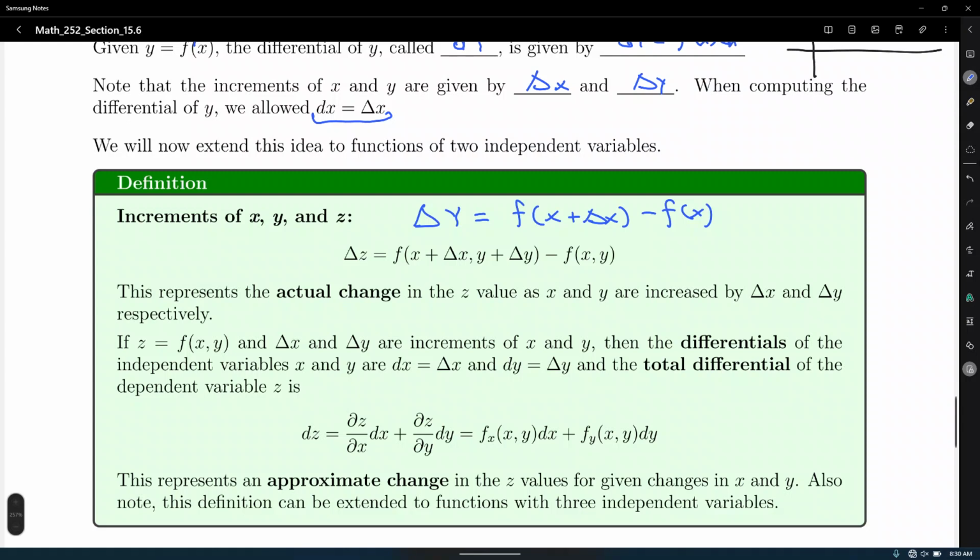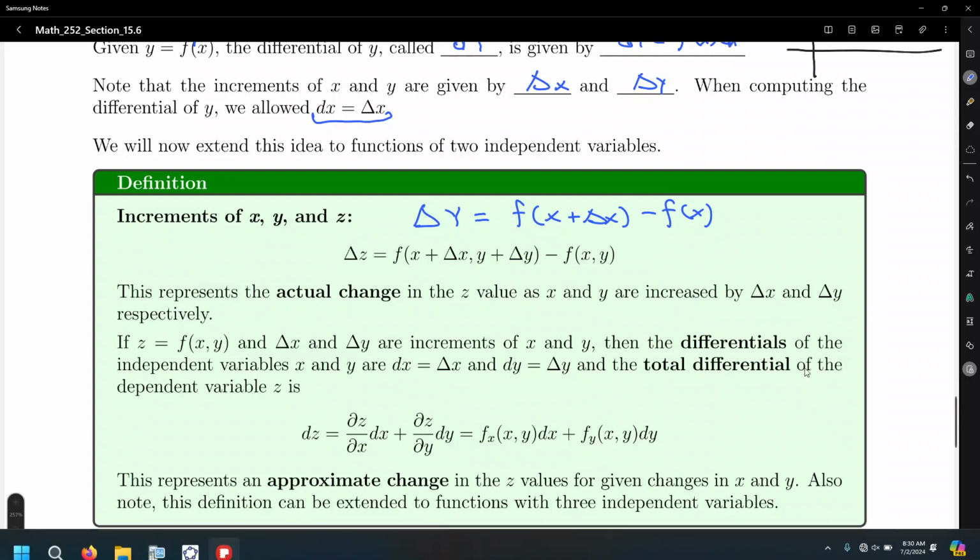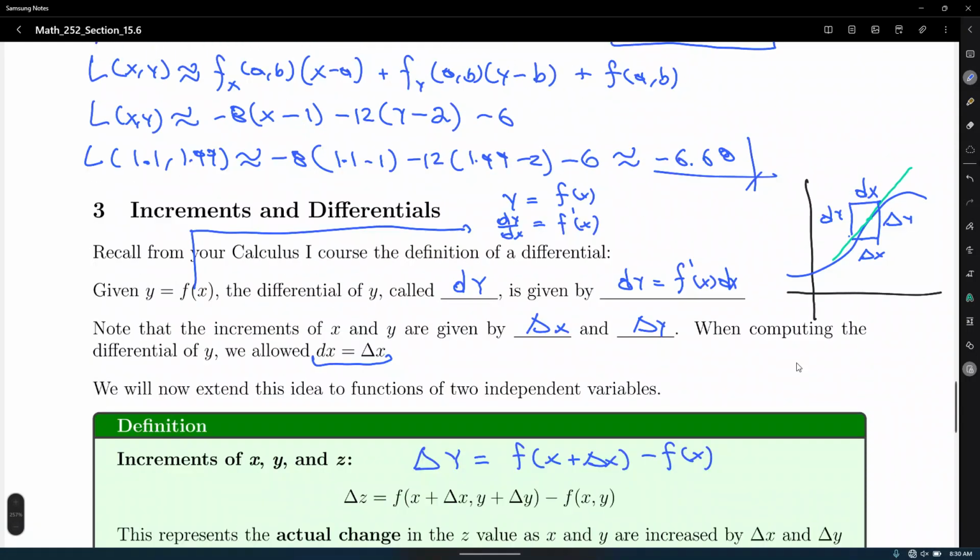But of course, we may want to look at the approximated change. How do we approximate the change? Again, this idea about differentials, when we look at this, dy equals the derivative times delta x. In this case, we allow those deltas, which are finite values, to be equal to the infinitesimal values dy and dx, of course.